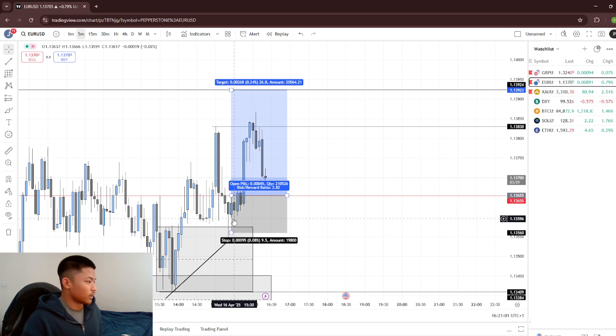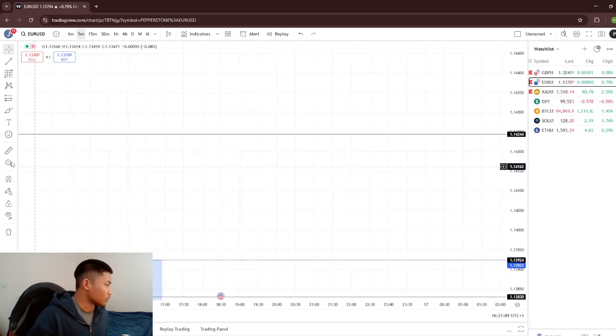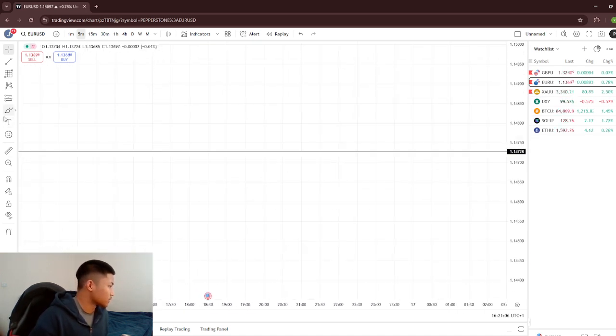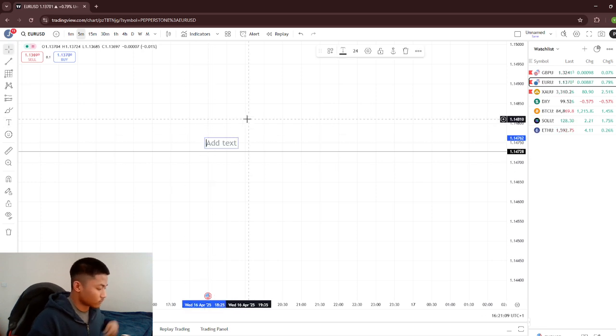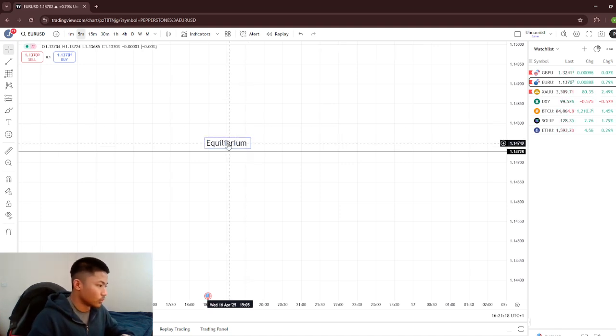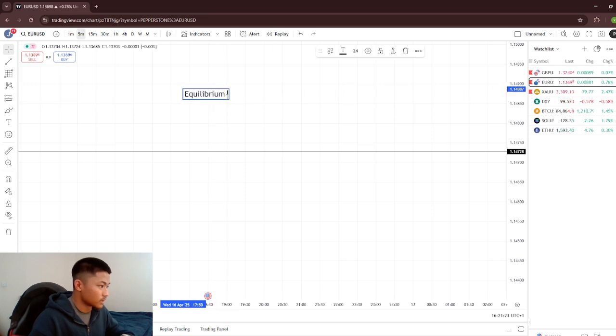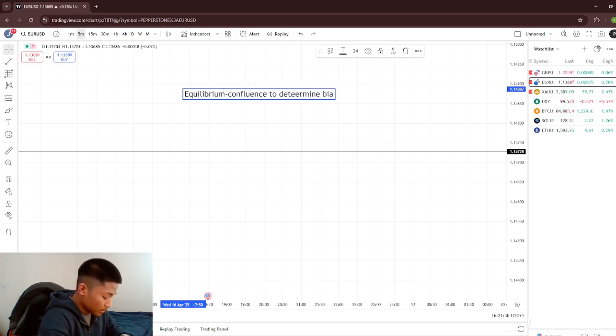It's okay. Now let's get into the actual lesson of today, which is equilibrium. What is equilibrium and why do we use it? This is our other confluence, to determine bias and get better entries.